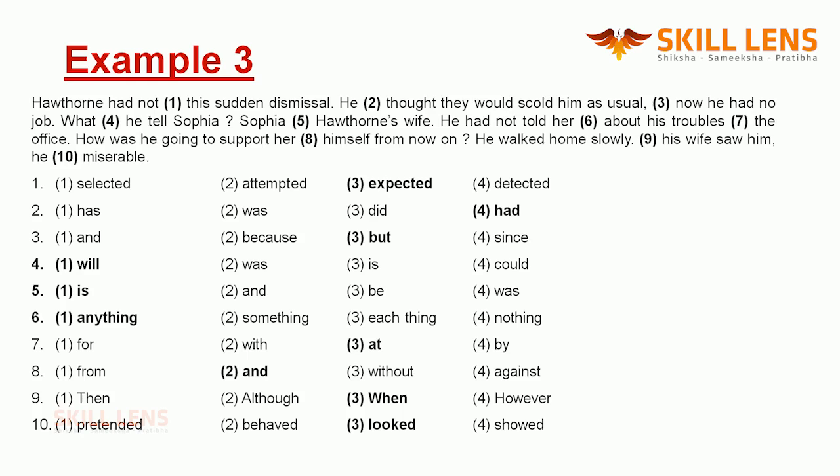When we used "what will he tell Sophia" in the fourth blank, we already moved to the future tense. So the thought that many people have, that you need to maintain past form or present form or future form throughout the paragraph, is not always possible. So, the answer for the fifth blank is "is."